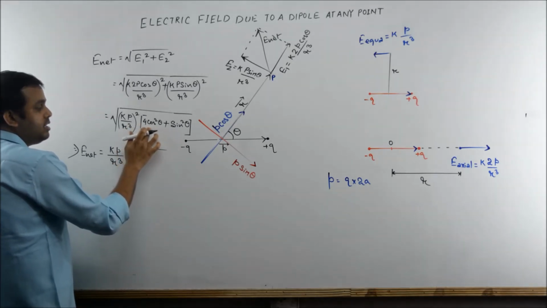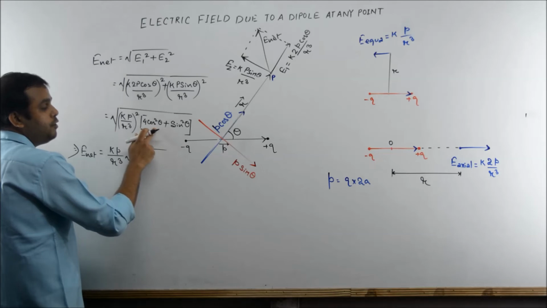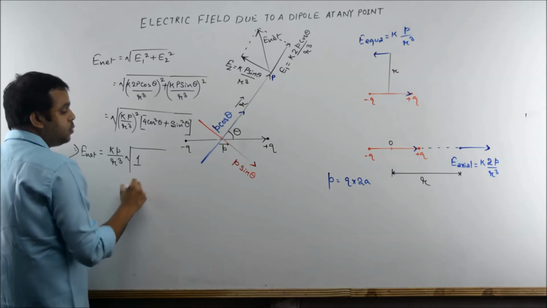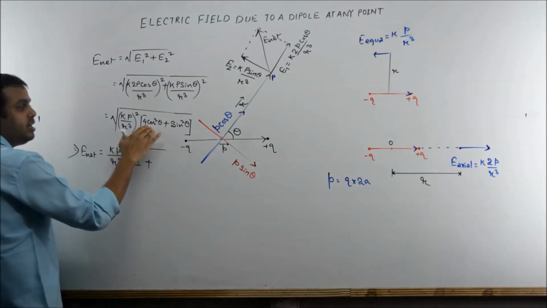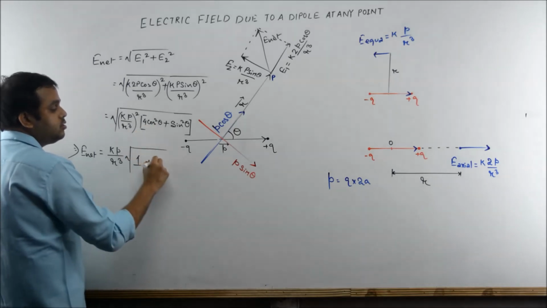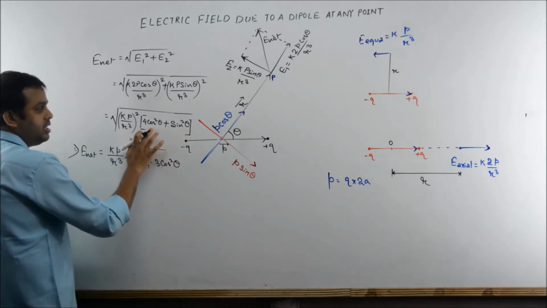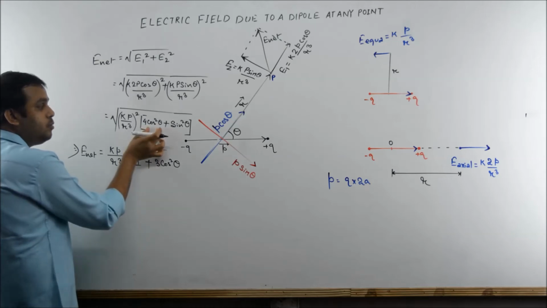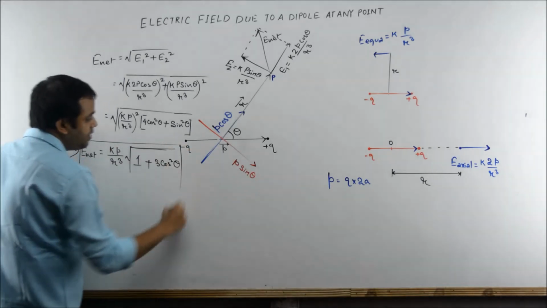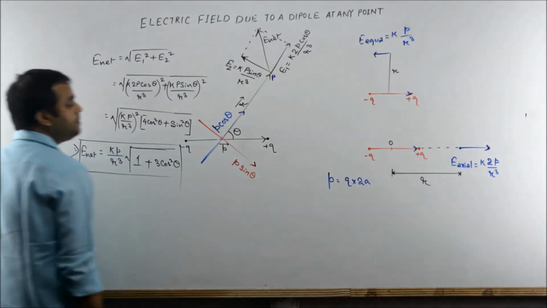So sin square theta plus one of the 4 cos square theta will be 1, and there will be 3 cos square theta left. So sin square theta plus cos square theta is 1, and there will be 3 more cos square theta, which I have written here. So this is the magnitude of the net electric field at point P.